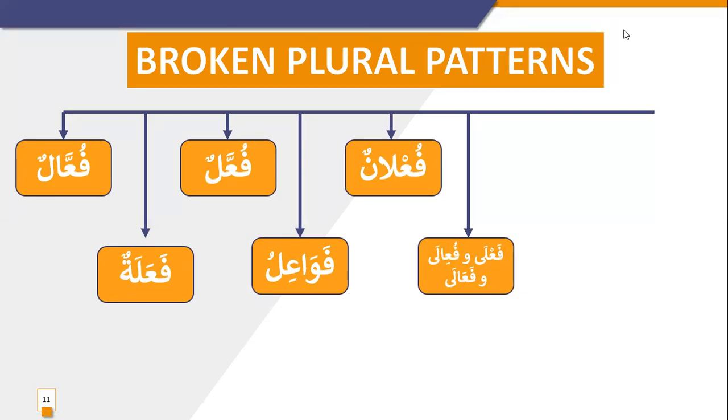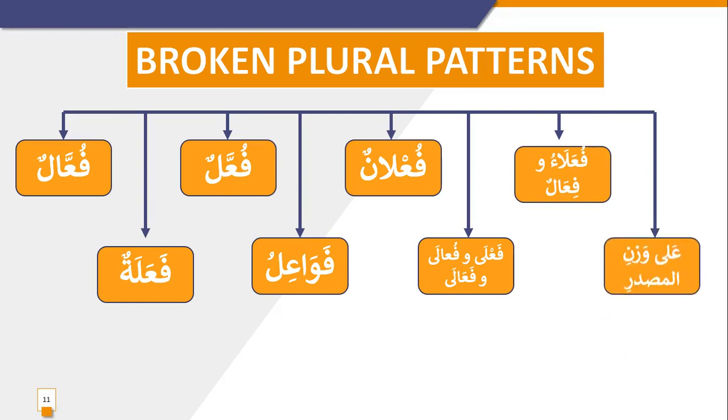Let me just correct this. Then we have another pattern, which is fu'ala'u and fi'alun. And then we have ala wazn al-masdar, which means that it looks like a masdar, but it's actually a broken plural.